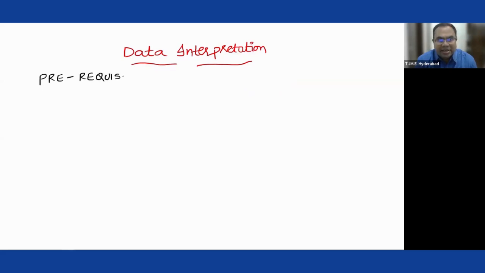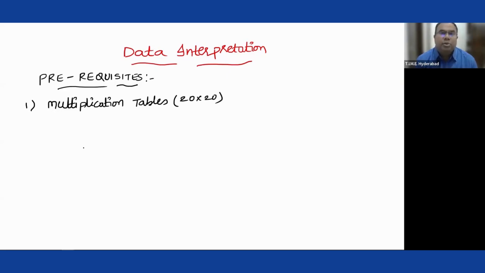These are essential if you want to improve your speed particularly in quant, in DA, in quadratic comparison, in your quant questions, in data interpretation. The first one is multiplication tables. When I say multiplication tables, it is up to 20 tables, preferably 20 multiples, 20 into 20. Up to 20 tables, preferably 20 multiples.